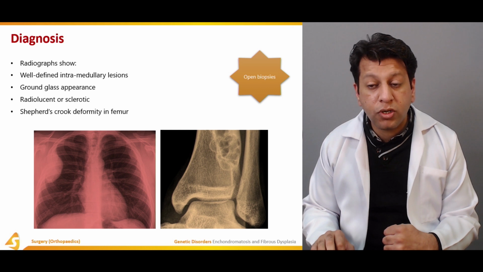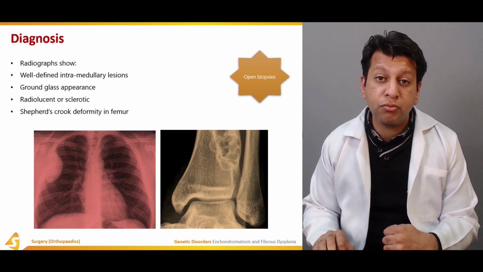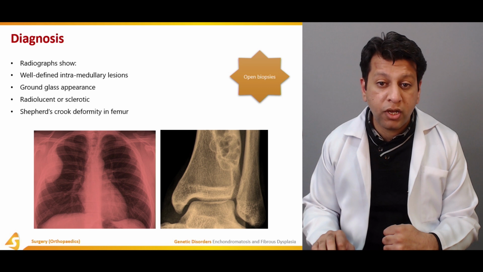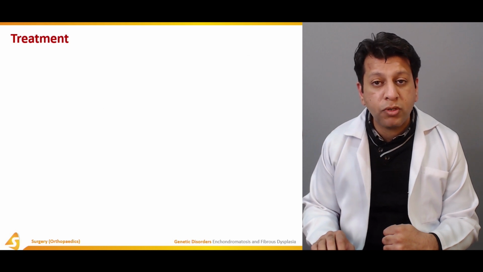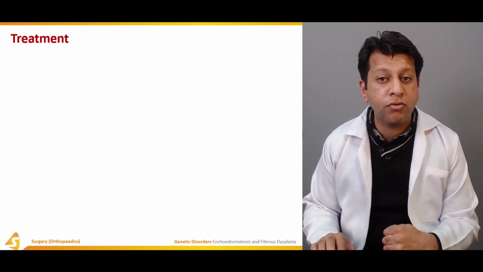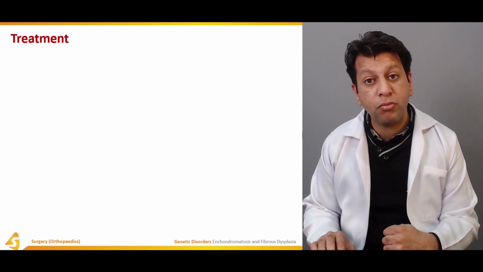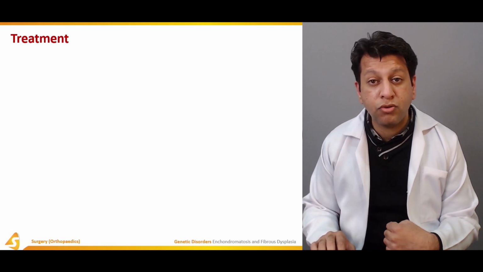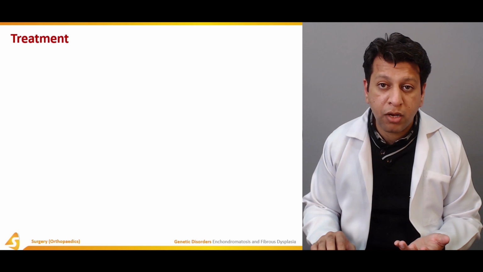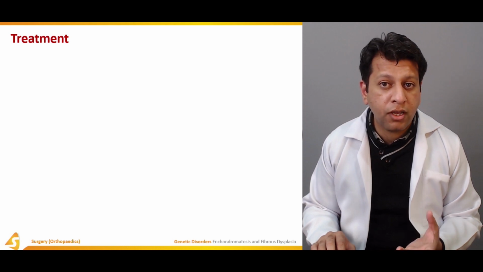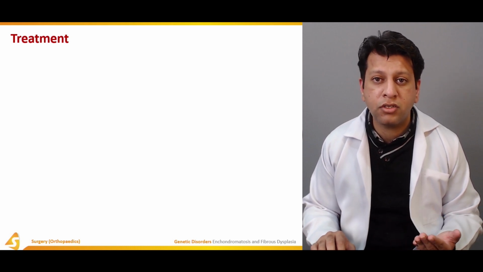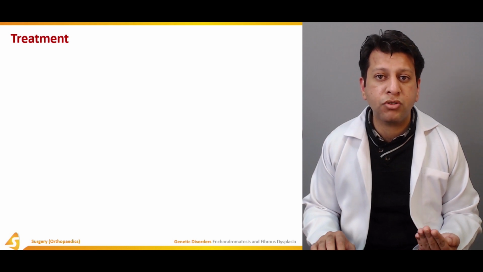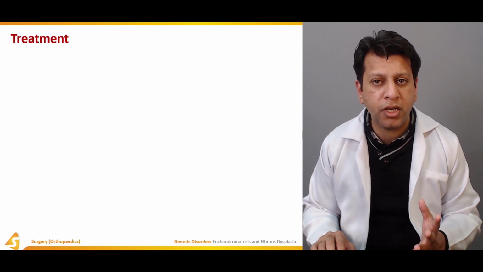If this is what the patient presents with, the first and foremost step is an open biopsy. Why? Because there is always a 1% chance of this developing into a fibrosarcoma, osteosarcoma, or even a chondrosarcoma. So once we are sure from the biopsy that it is not a chondrosarcoma, osteosarcoma, or fibrosarcoma, it is mostly a benign disease.